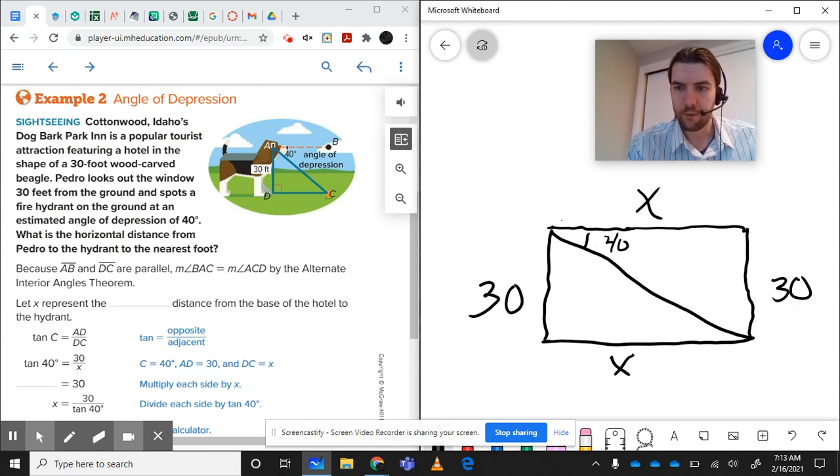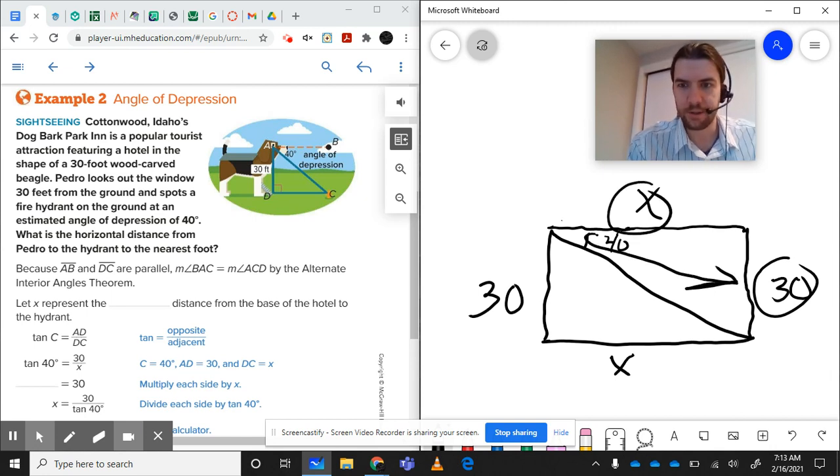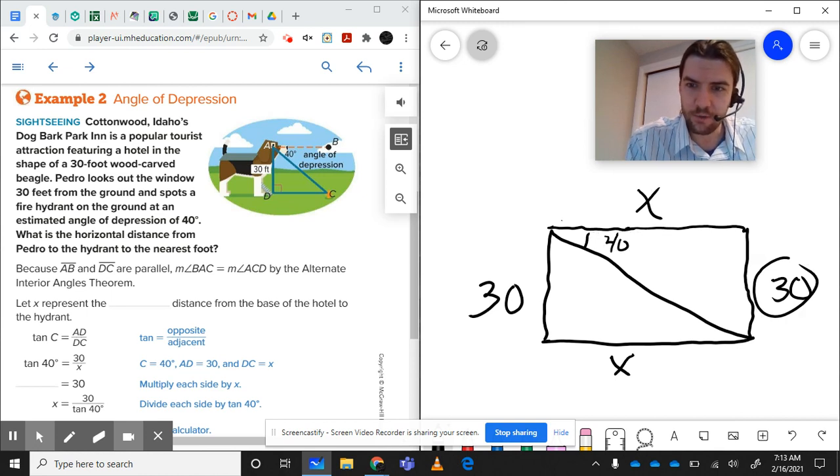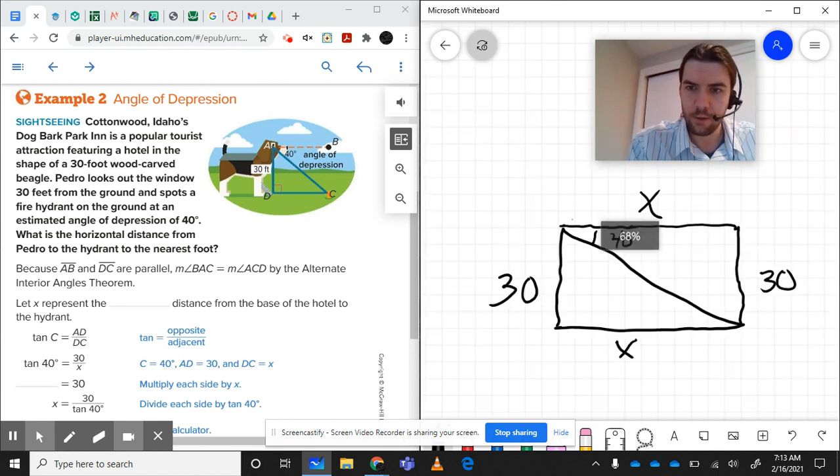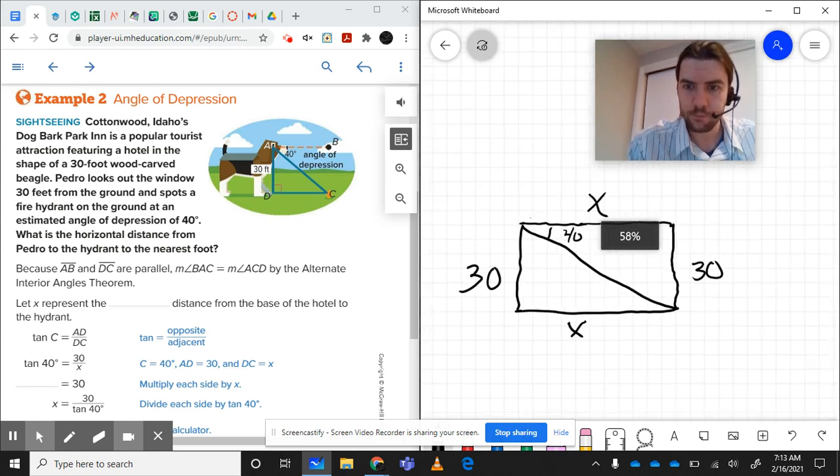Okay, so this is the opposite side from the angle, and this is the adjacent side to the angle, right? We have the hypotenuse, we have the opposite and adjacent. So this is our opposite, this is our adjacent. So if we're doing opposite and adjacent, we want to use the trig property that includes those two.